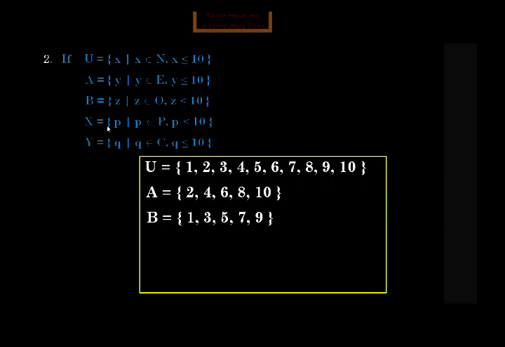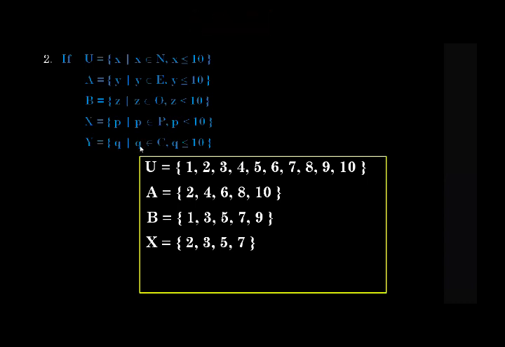The fourth statement is P such that P belongs to P, and this capital P represents prime numbers, and P is less than 10. We have to write down the prime numbers less than 10. So what are the prime numbers? 2, 3, 5 and 7. Now come to the last statement.